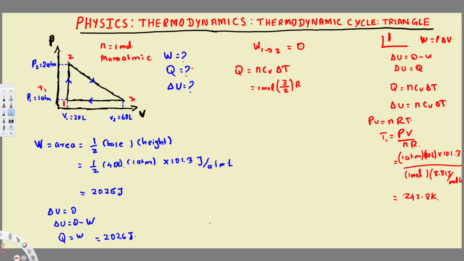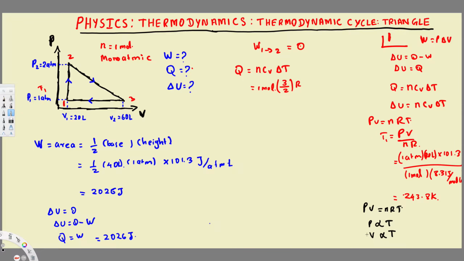How about T2? How can we calculate this one? You can use the same formula, but there's an easy step for this one, right? There's an easy connection. If you look at PV equals nRT, P is directly proportional to T. Also, V is directly proportional to T. So if P is increased by a factor of 2, T is also going to increase by a factor of 2.